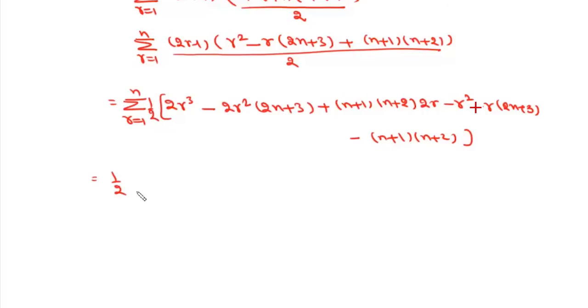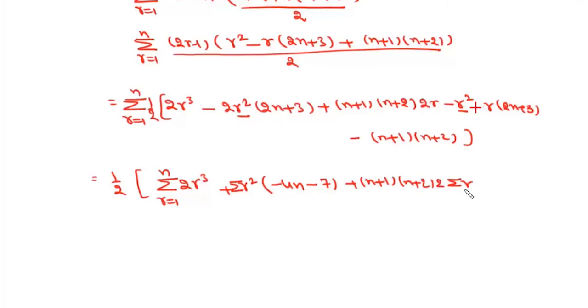So it will be 1 by 2, and then the summation of 2r cube where r varies from 1 to n, and then we have r square into minus 4n minus 6 minus 1, so there will be minus 7 plus n plus 1, there will be this summation r square, plus (n plus 1)(n plus 2) into 2 into summation r, plus (2n plus 3) into summation r, minus summation (n plus 1)(n plus 2).